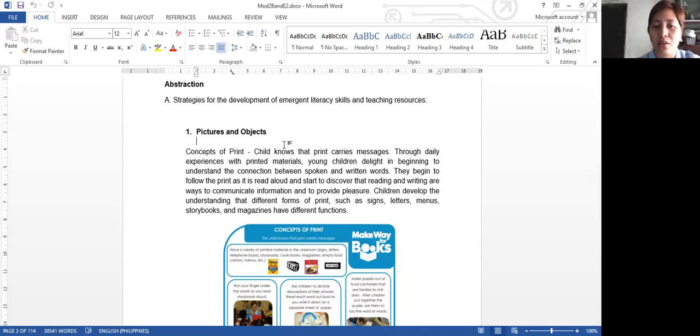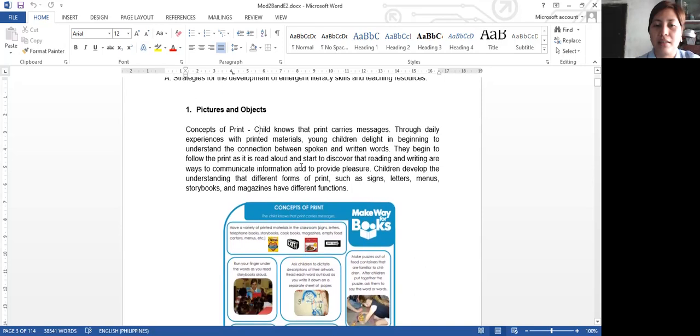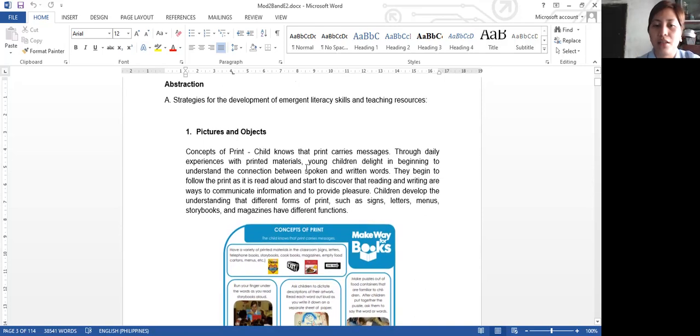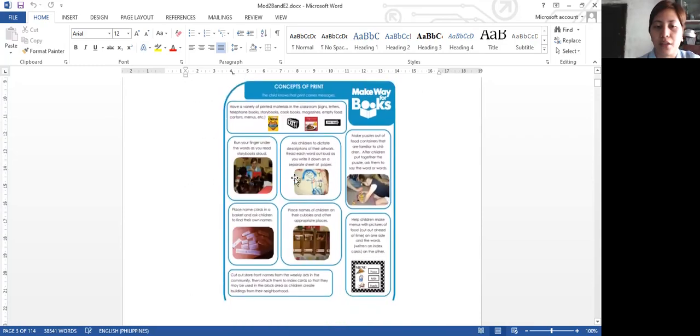You just have to think how pictures and objects can help your future students in a particular field, like the example I gave a while ago. For example, in technology and livelihood education, by showing them pictures, they will learn and be familiarized with the tools in a particular area.